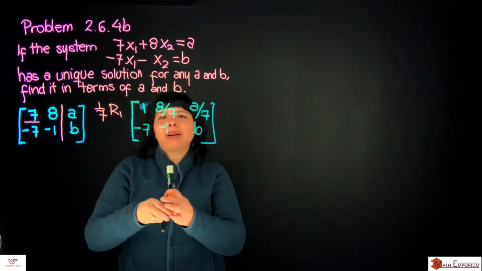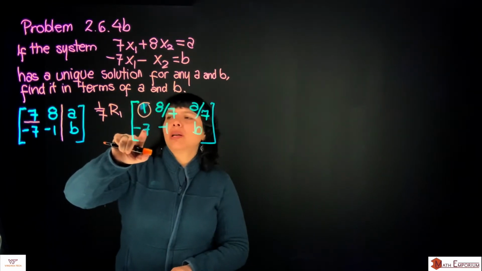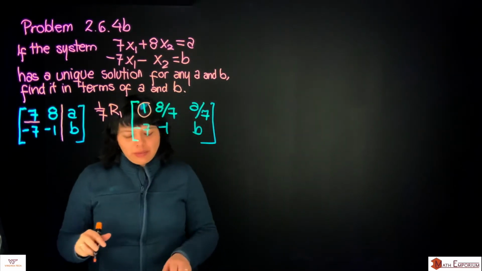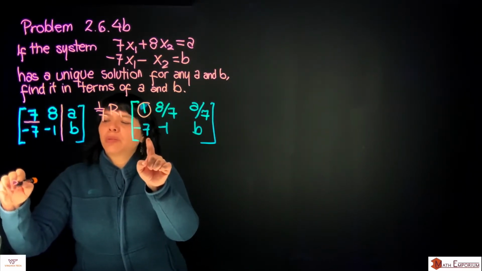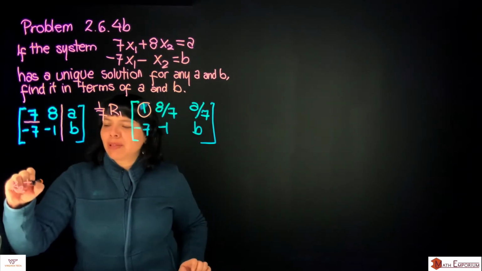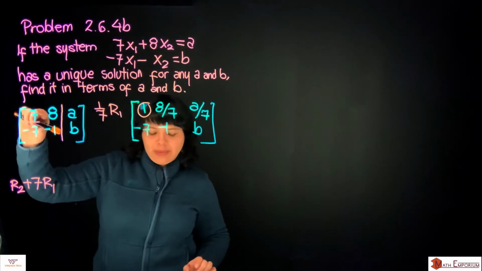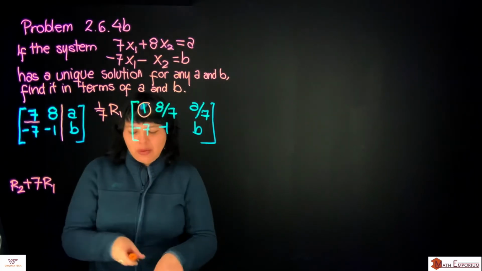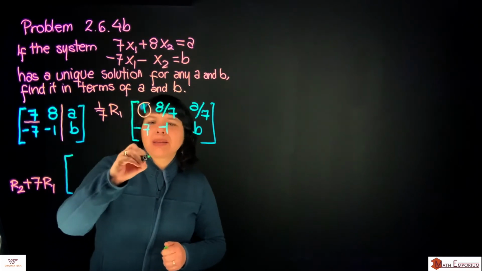Now that we have our 1 here, we're going to use it to transform this one into a 0. The row that changes is row 2, and we're going to do row 2 plus 7 times row 1. That's going to give us our answer here.